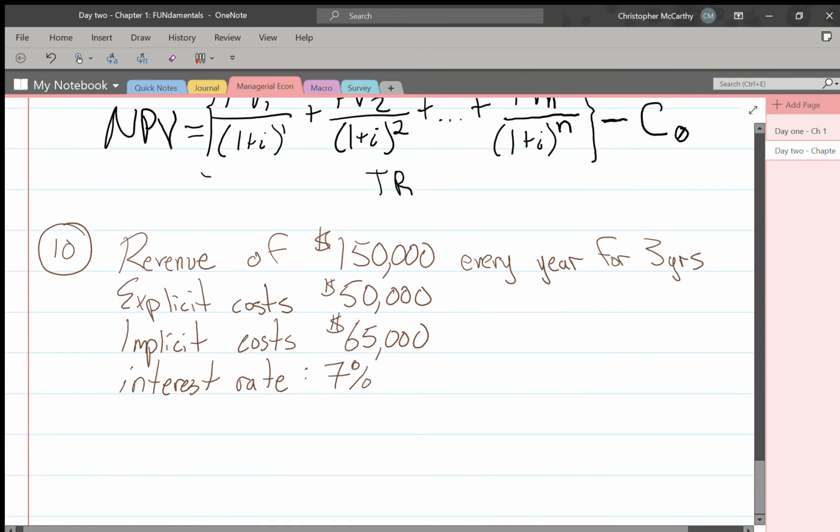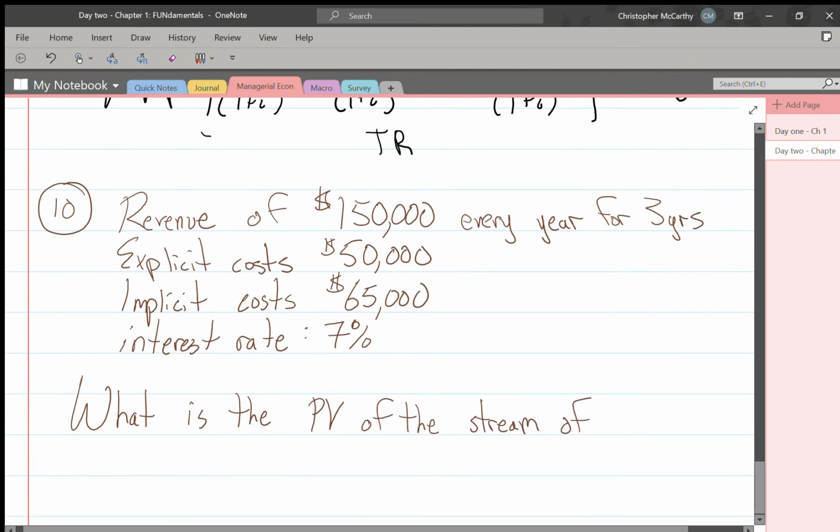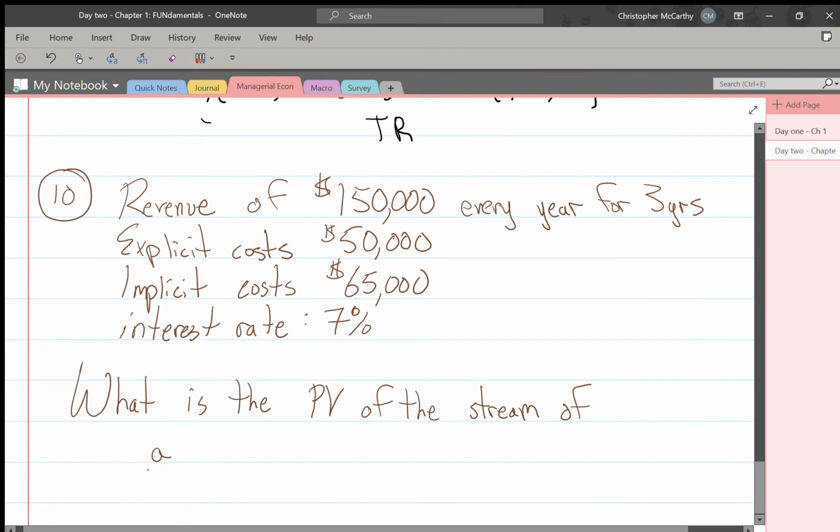So we're asked to find the present value of the stream of accounting profits and then economic profits. So let's first do the accounting profits.